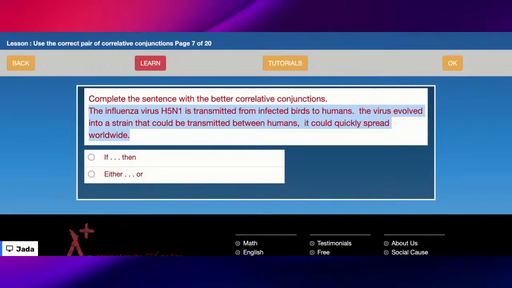So what's our answer here? Okay. So if-then, it is the condition and then the consequences.